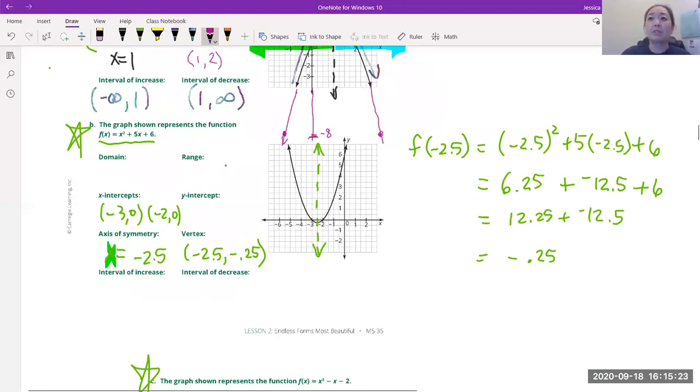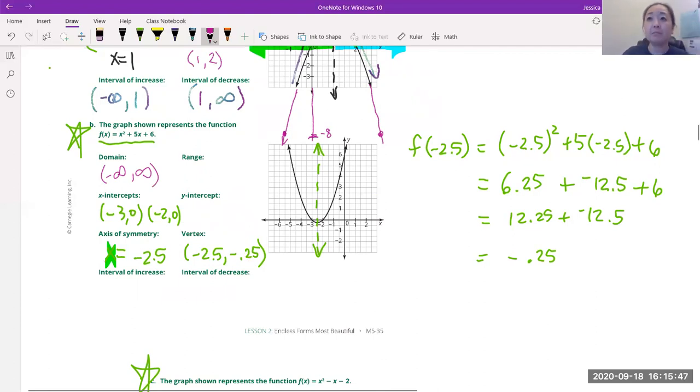So for domain, for this one, it's going to be all real numbers. It's going to go from negative infinity to positive infinity because it could be anything to the left, anything to the right. Range, it's going to be the lowest point right here. Our vertex, the y part right here, talks about how low it is.